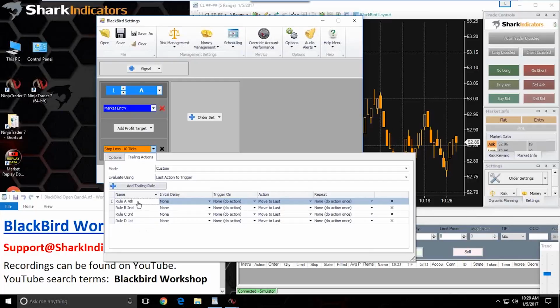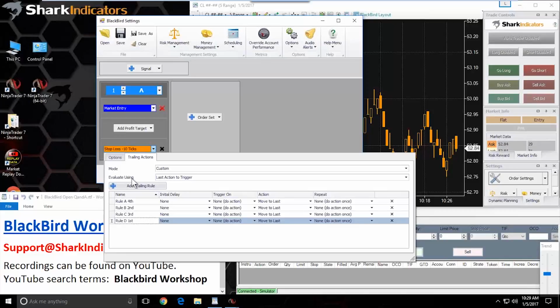So all four rules may evaluate, but let's say only A and B try to execute. Rules C and D, those conditions may not be met yet, and so they don't execute. So another way you could consider evaluate is execute.